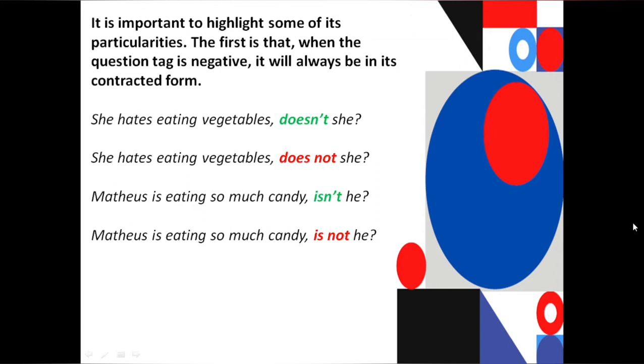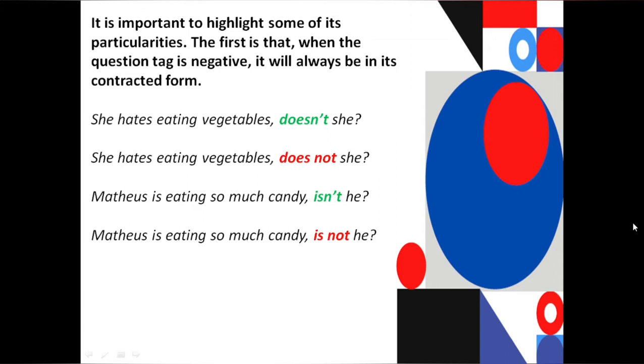Okay, in the example here: she hates eating vegetables, doesn't she? I cannot say she hates eating vegetables, does not she? No, it's completely wrong. Okay, it even sounds wrong. So I cannot say it like this. I have to write in the contracted form and I have to say it in the contracted form. Okay? Keep that in mind.